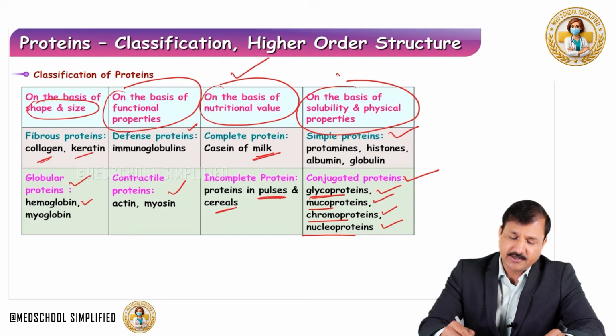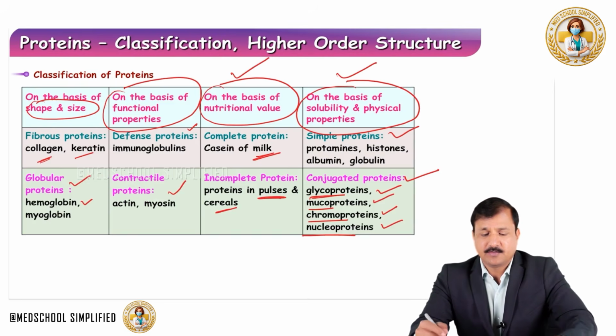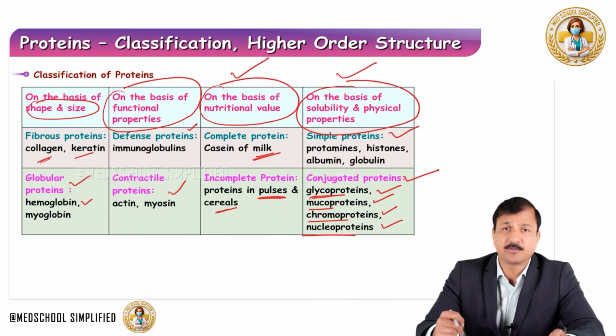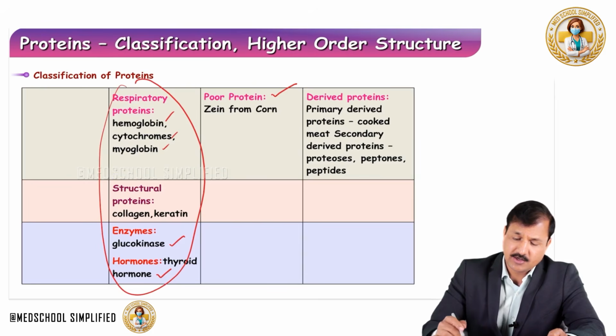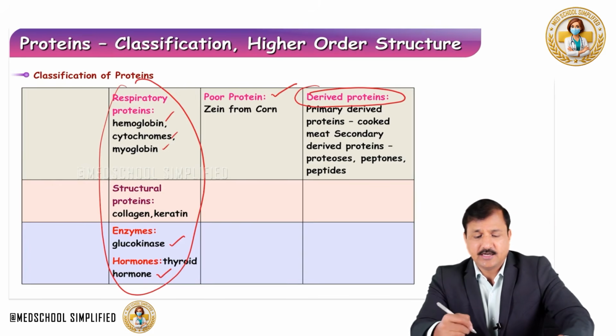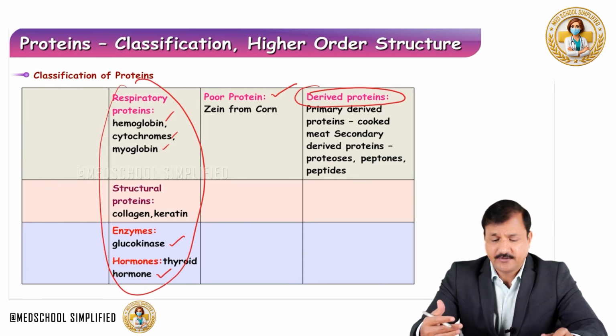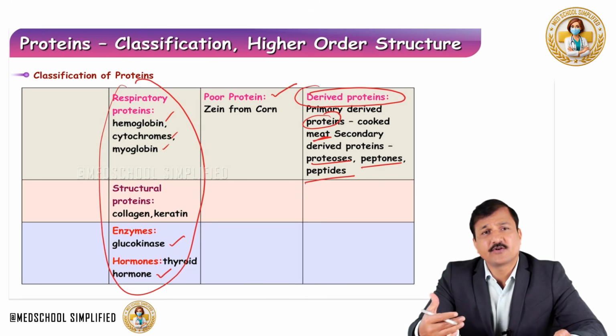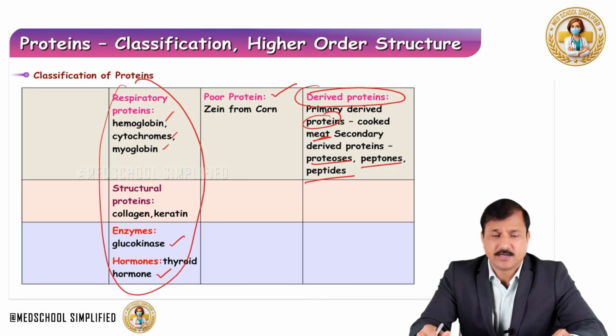And then, in the classification of proteins based on solubility and physical properties, we have simple proteins, conjugated proteins, and also derived proteins. Derived proteins are basically proteins which are derived from primary proteins. For example, when we cook meat, secondary derived proteins like proteoses, peptones, and peptides are actually derived from a primary protein molecule.